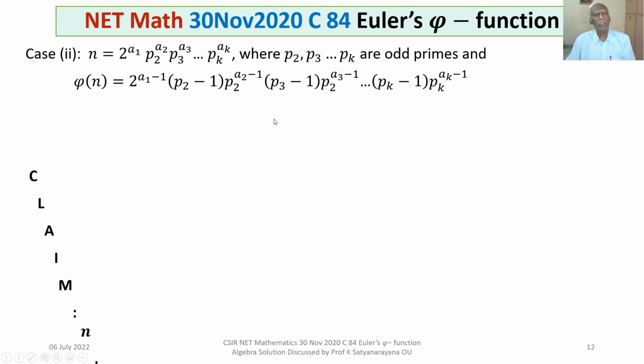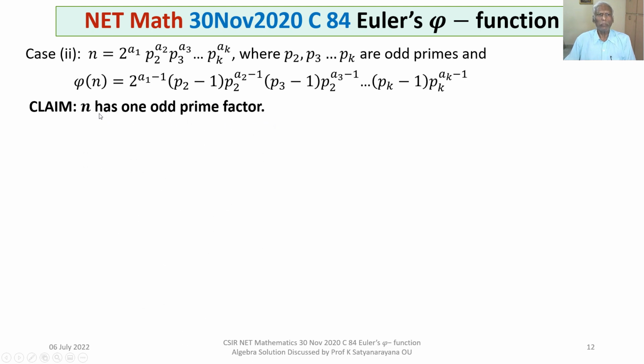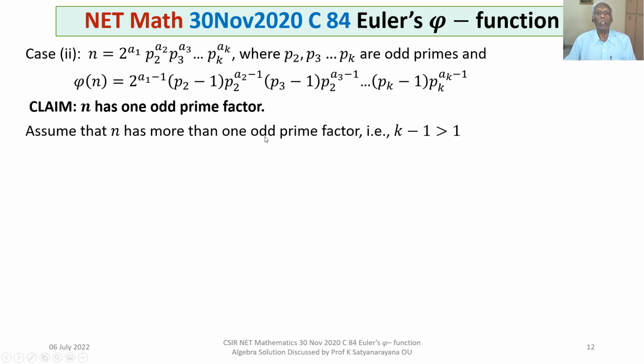Agreed. Now, we claim that n has only one odd prime factor. How do we prove it? Assume that n has more than one odd prime factor.